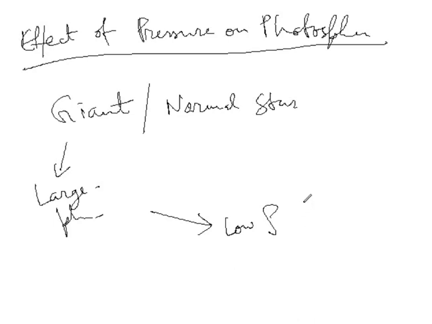First, a star with a low pressure photosphere will show narrower spectral lines.